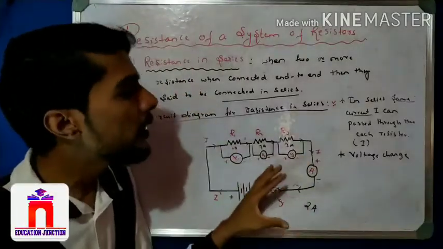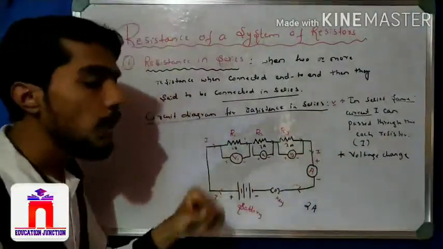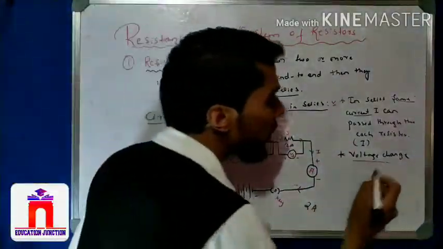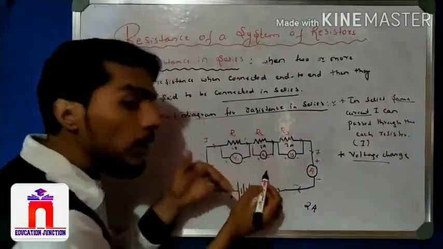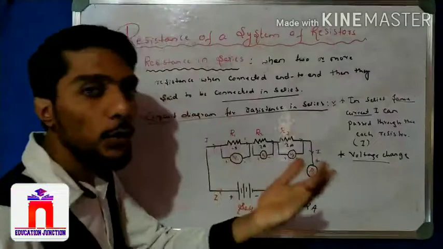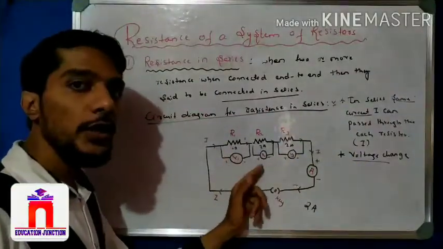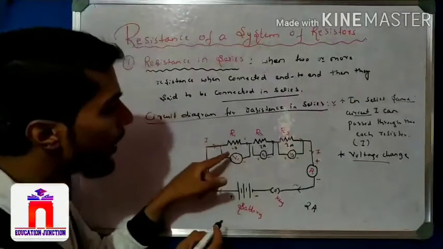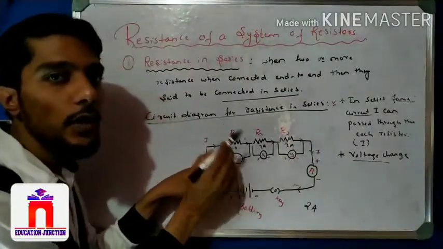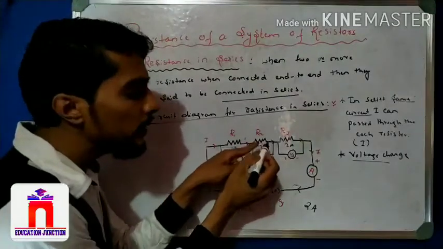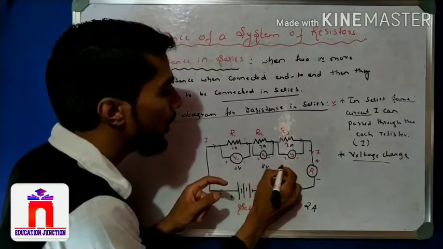So in the series circuit, the same current is flowing. But what changes? Only the voltage. See, at R1 voltage V1, at R2 voltage V2, at R3 voltage V3. Voltage is changed here. Current is I, but voltage is V1, V2 and V3. For example, if a current of 2 amperes flows here, the voltages may be 4 volt, 6 volt, 8 volt, 10 volt.